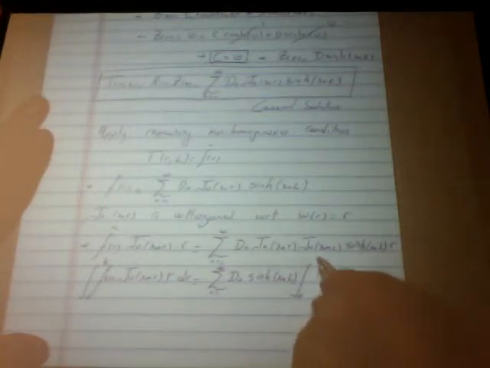We can leave the d_n and the sinh of lambda_n L outside and integrate whatever is a function of r, which is J0 of lambda_n r J0 of lambda_m r dr. All right?